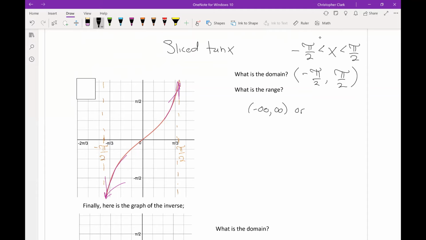So here, our y goes from negative infinity to infinity. So this is our sliced tangent with a domain x between negative pi over 2 and pi over 2, but not including those points, and y touching all the points on the y-axis.